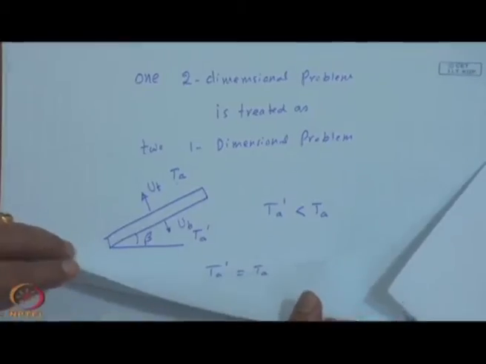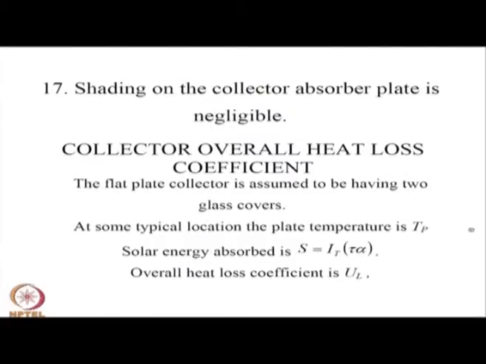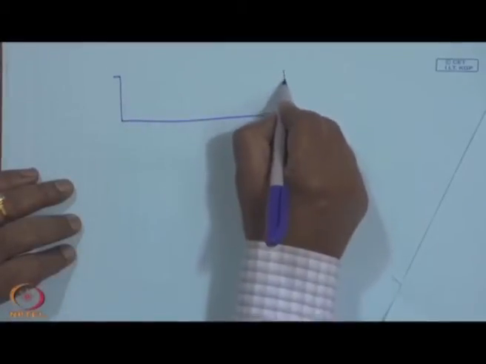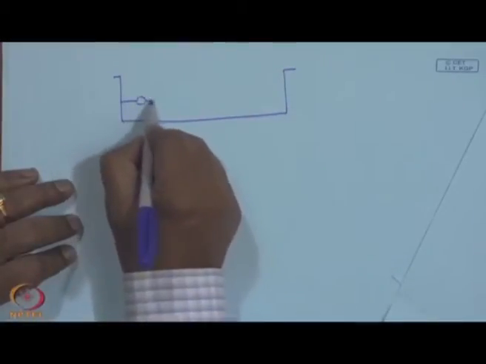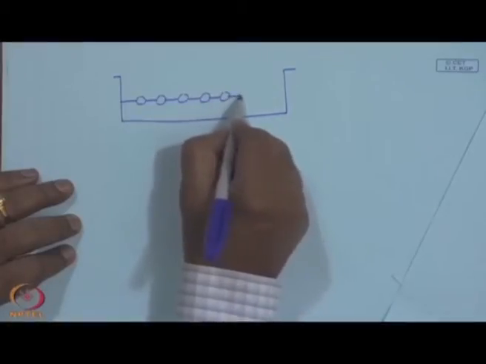Dust and dirt on the collector are negligible. So, we assume somebody cleans them at regular intervals. Shading on the collector absorber plate is negligible. One thing is the shading because of its own box, like if we have two glass covers, the height of the box could be considerable compared to the level where the absorber is mounted.